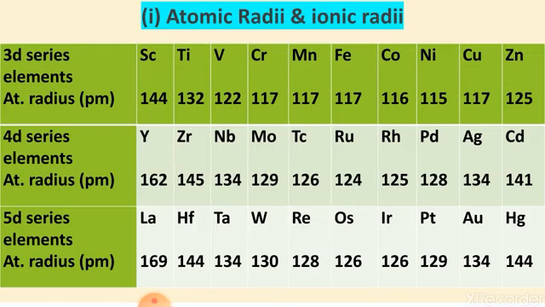So that's why there is no general trend, and hence I told you that it is not easy to study the d block elements just like p block and s block elements. Here some variations are shown that you have to focus on while studying the d block elements.